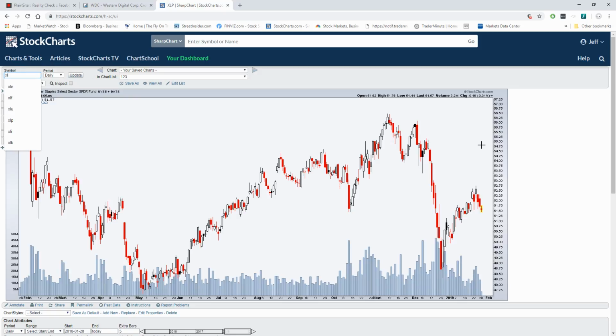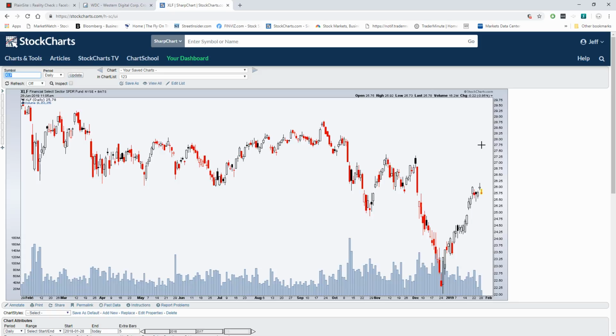Now for the challenge, I'm in some XLF puts, and you can see this pattern is taking place. This is the pattern that's shaping up here, right? We had Friday, the gap up and go, and it pretty much ended where it opened, and this morning it's gapping back down to where the stock has been pretty much ever since I got into my option.